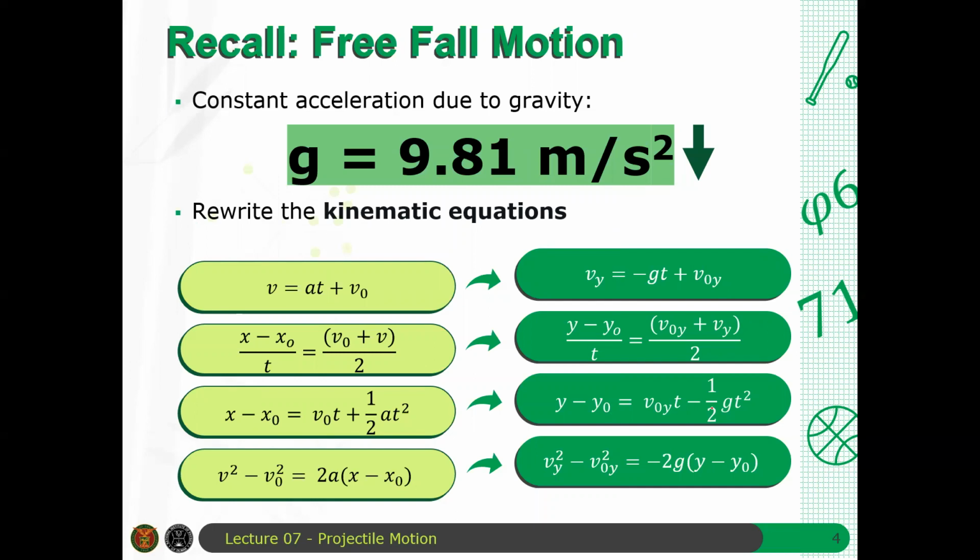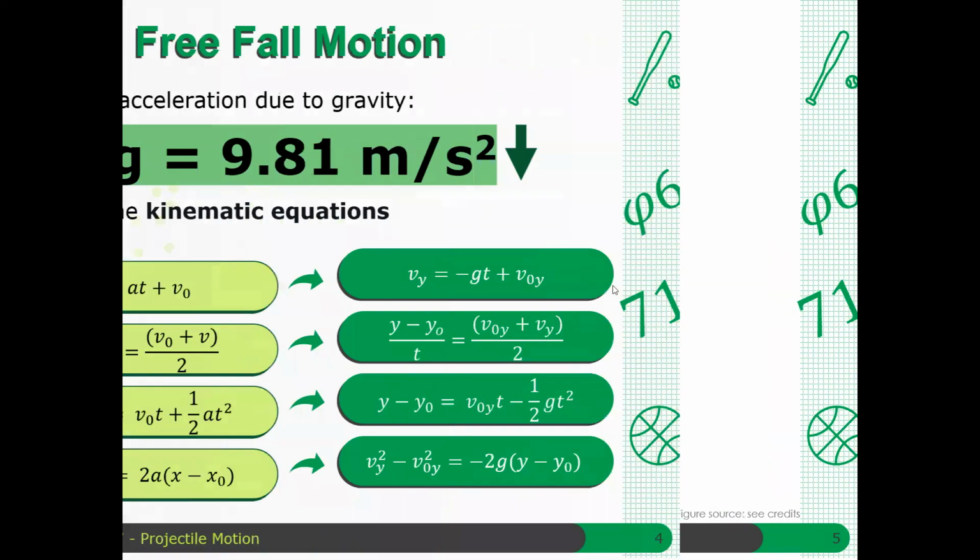That's why these are the forms of the equations that we have. Okay, we will be using this in analyzing projectile motion, specifically in the vertical direction of the motion of a projectile. So remember these 4 equations. We will use especially this one, and sometimes this one.